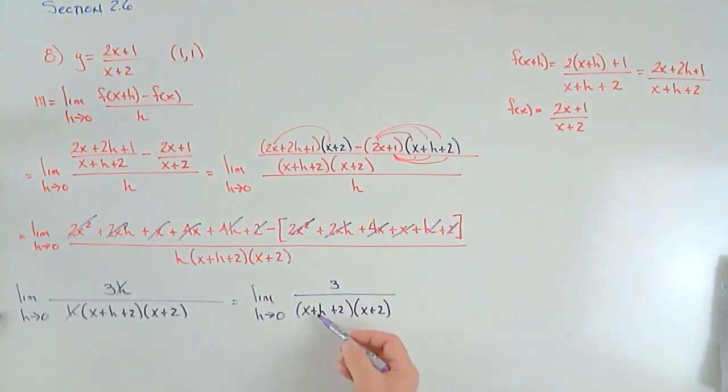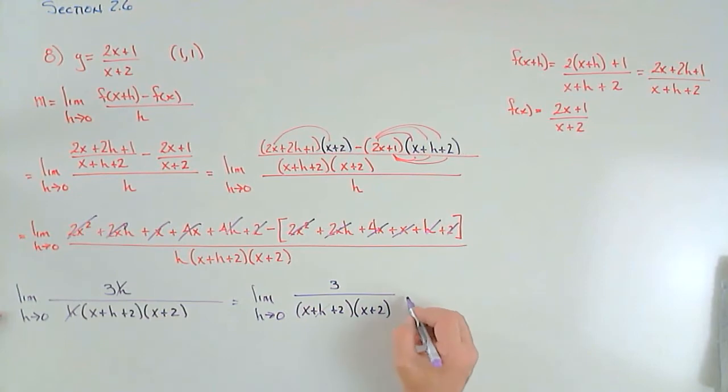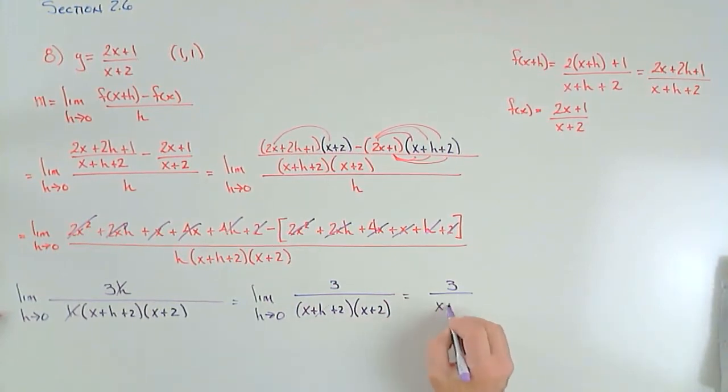Now h is going to 0, so this term disappears, and we're left with 3 in the numerator, x plus 2 times x plus 2. How nice is that, right? So that's number 8.